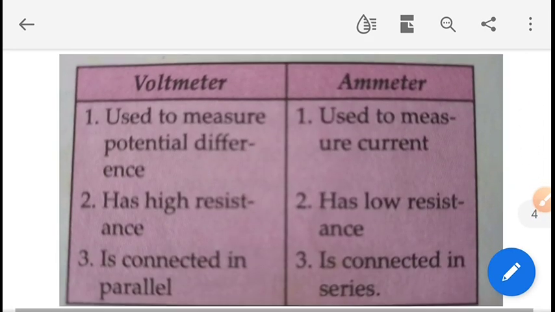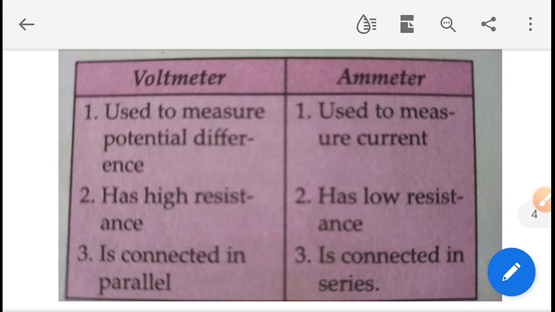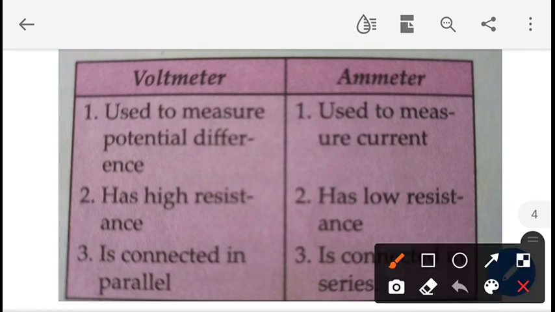And there are two devices we are going to discuss now. As I explained in the first class on electric current, the ammeter is used to measure the current through a conductor.